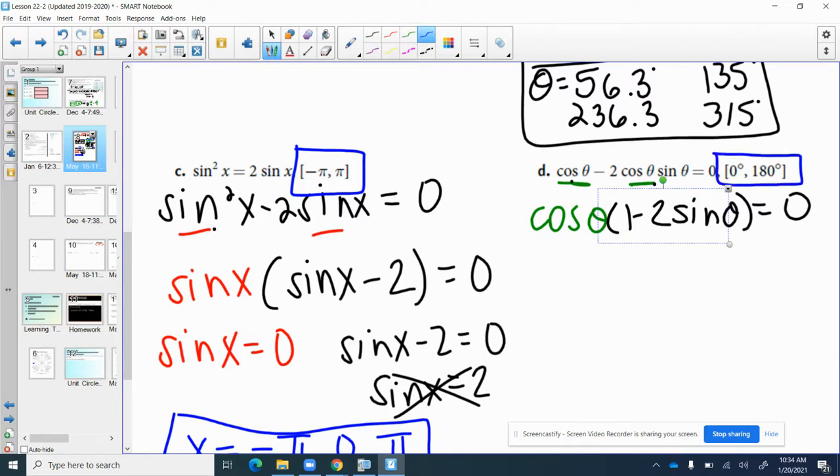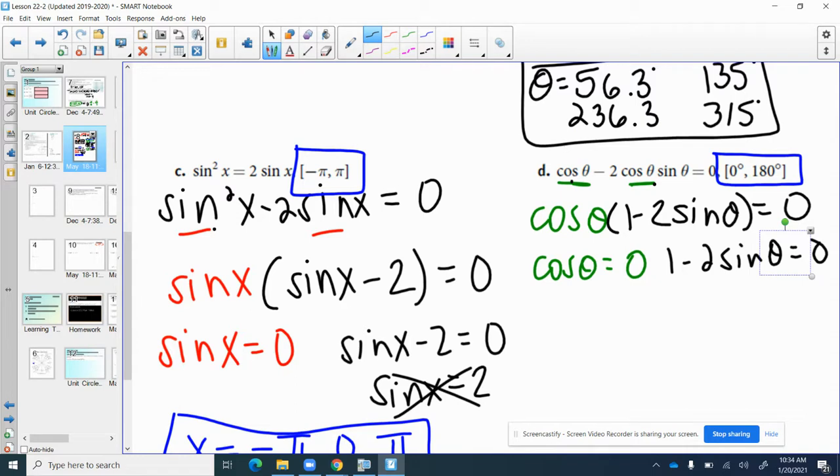We're going to be looking for answers just from 0 to 180 degrees. Okay, now we could set each piece equal to 0. Where does cosine equal 0? And where does 1 minus 2 sine theta equal 0? Right? If we subtract and divide, we're looking where does sine equal 1/2?